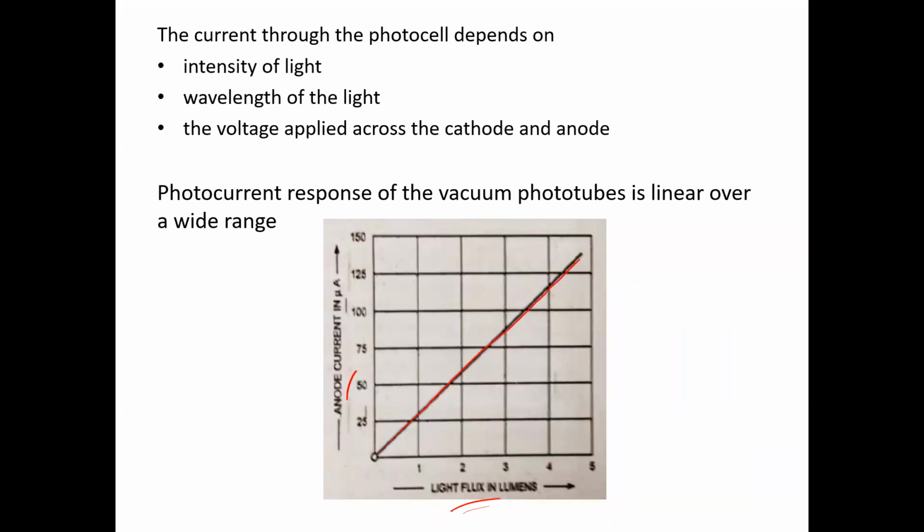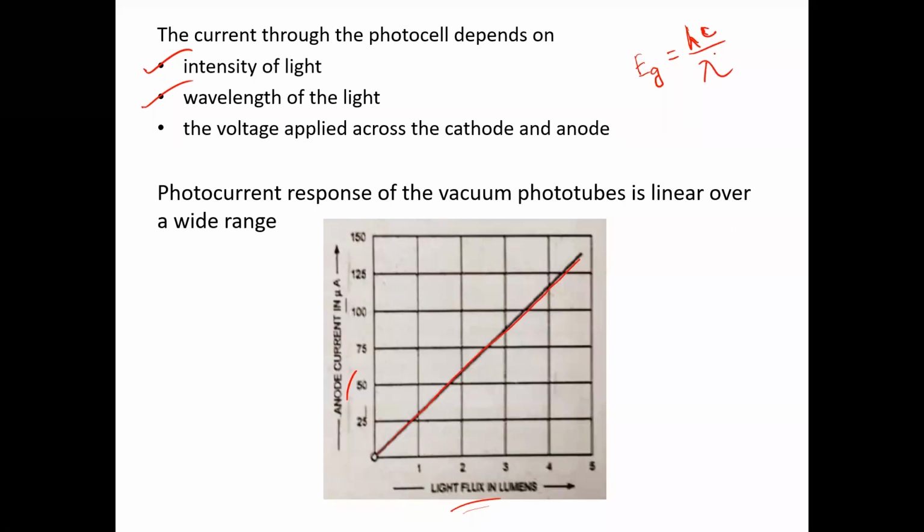Now the current through the photocell depends mainly on three parameters. The first one is the intensity of light, that is quite obvious actually. Then also the wavelength of the light, because the photon energy produced by the light will depend on the wavelength, because you know that the photon energy is normally represented by the equation hc by lambda.